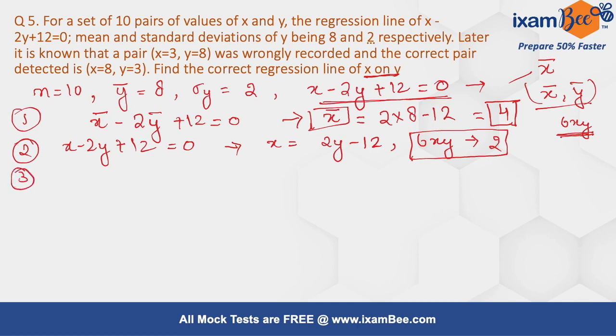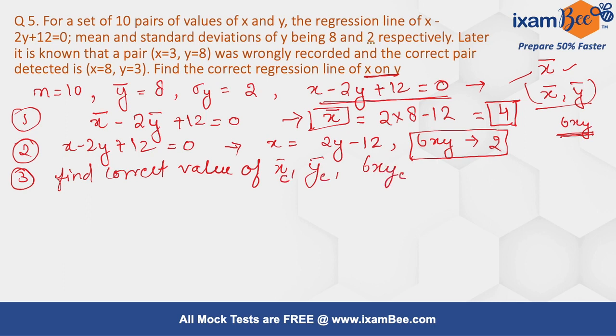The third step is to find the correct values for x bar, y bar and bxy. We should represent them with a suffix c. So how do we find the corrected value?